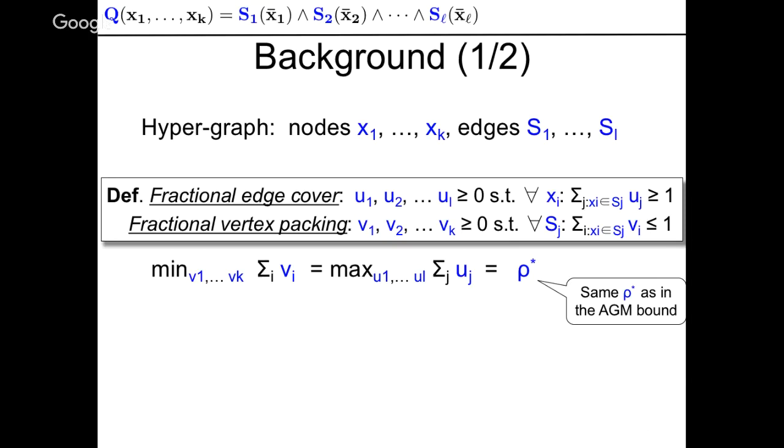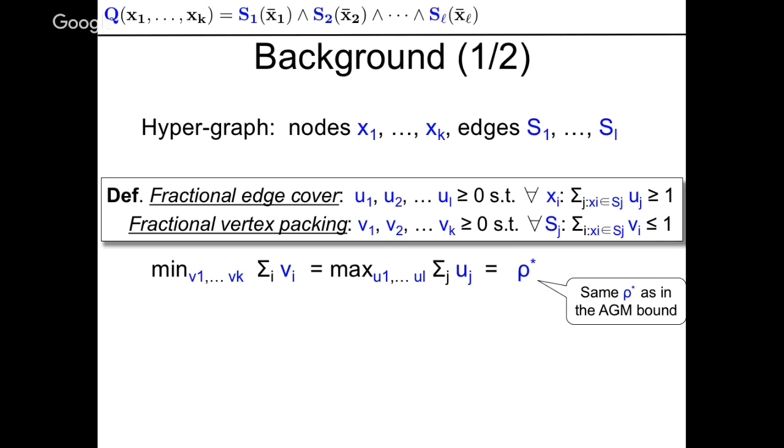It is standard in database theory to associate a hypergraph to any full conjunctive query without self-joins. So at the top, I have a full conjunctive query without self-joins. These relations S are distinct. And I'm going to think about this as a hypergraph with the nodes being the variables and the edges being the atoms.